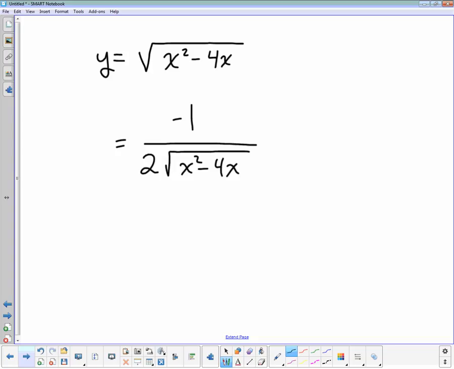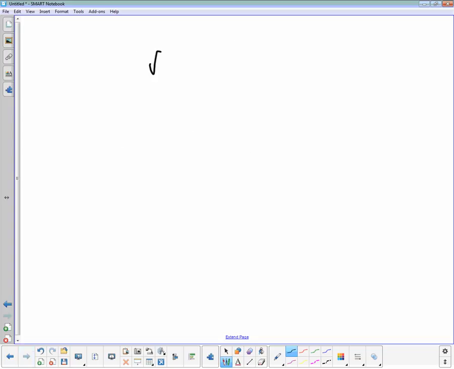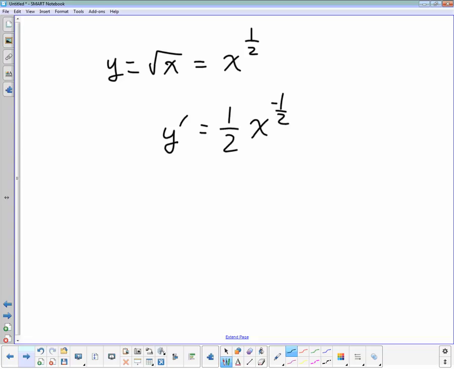You guys remember from the other day when I take a square root of a radical? When I take a derivative of that, the 1/2 comes down, and I subtract 1 from my exponent. It shouldn't be negative.